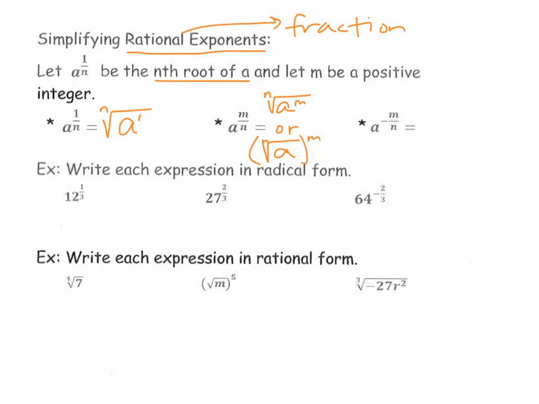It works in either order, but I'm going to make that n a little bit clearer right here. So I'm going to fix that for you quick. The nth root of a to the m power. Both of them give you the same end result.